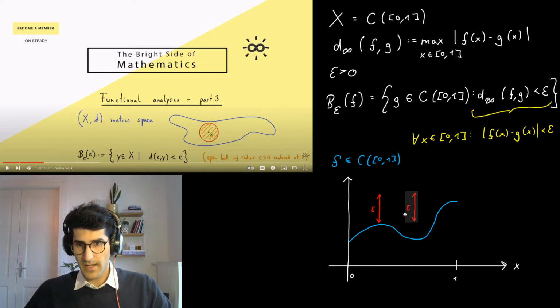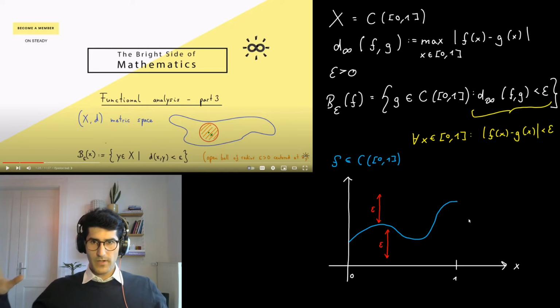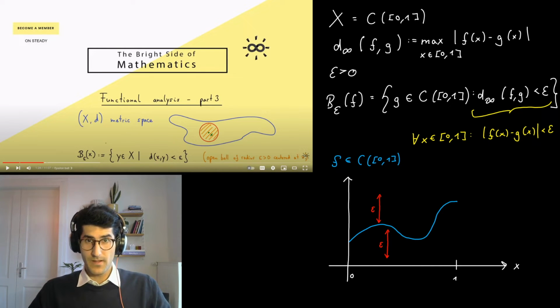Therefore, I also cannot differ in the negative direction. And then I'm considering all points from 0 to 1, and I have to make sure that at no point the distance between the function values, so I'm measuring a vertical distance here, is greater or equal than epsilon. I always have to be strictly smaller.